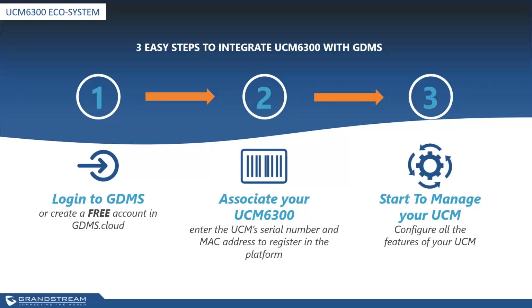And then once it is paired and the connection is established, which is a secure connection between the UCM and the GDMS, then you can start managing the UCM from the web interface of GDMS. And this is something that I'm going to show you so we can look at the things that you can do from GDMS to manage your UCM.